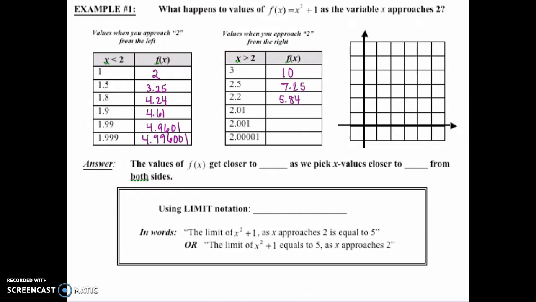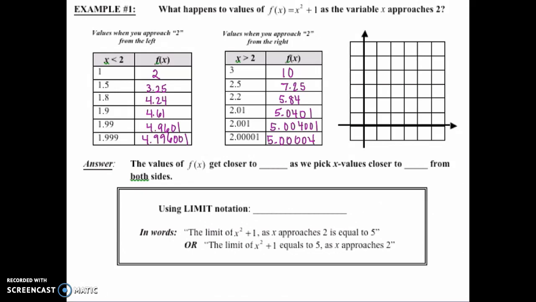At 2.01, we get 5.0401. At 2.001, we get 5.004001. And at 2.00001, we get 5.00004.